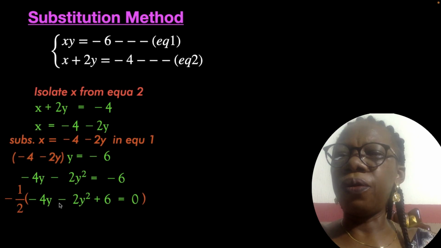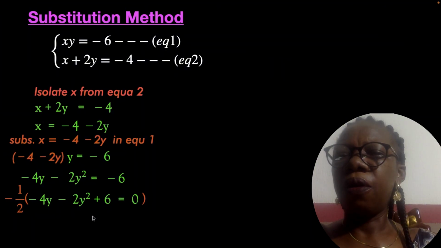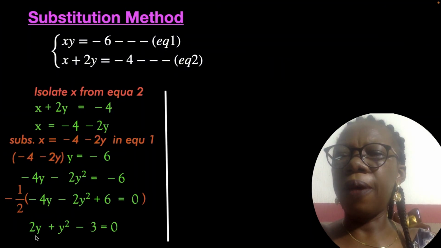Minus 1 over 2 times minus 2y squared, we have plus y squared. Minus 1 over 2 times plus 6, we have minus 3. Minus 1 over 2 times 0, we still have 0. Alright, so 2y plus y squared minus 3 is equal to 0.